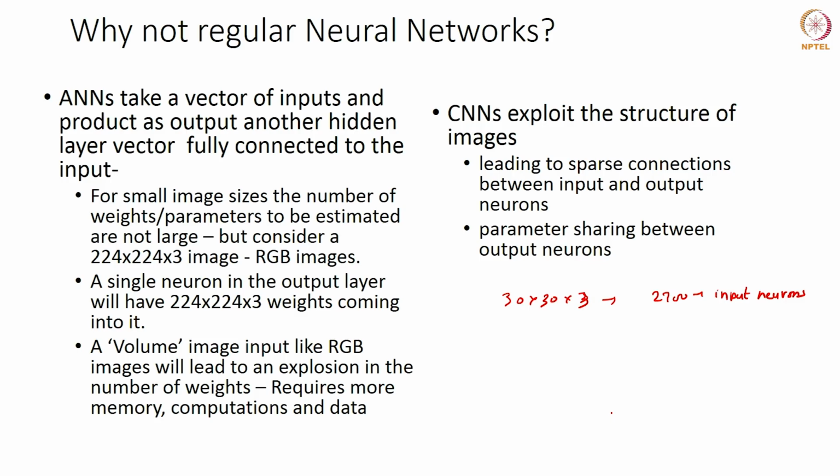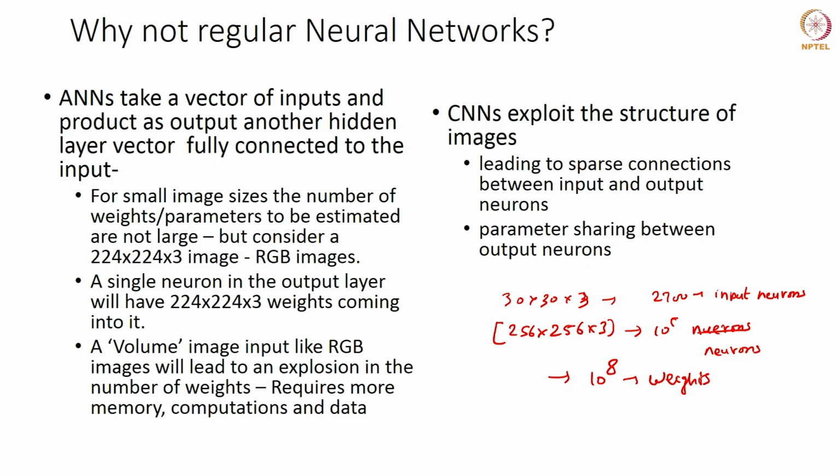However, most regular size images are of the order of 220 or 256 times 256, and if you have 3 channels, this is already of the order of 10 raised to 4 and 10 raised to 5 neurons. So, if you want a hidden layer of 1000 neurons, that will give rise to 10 raised to 8 weights.